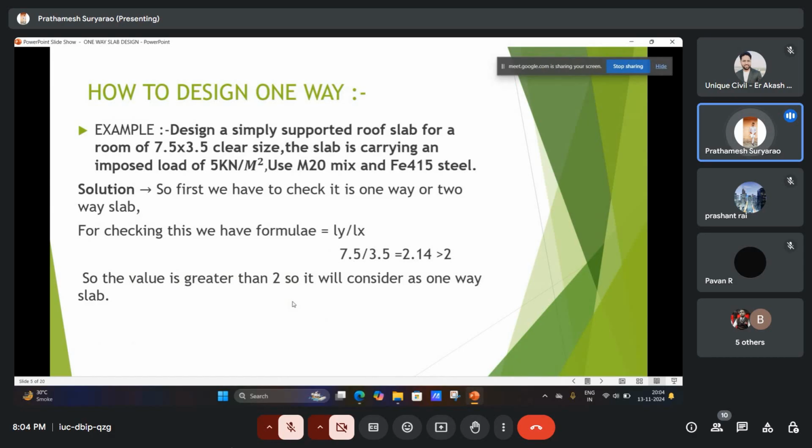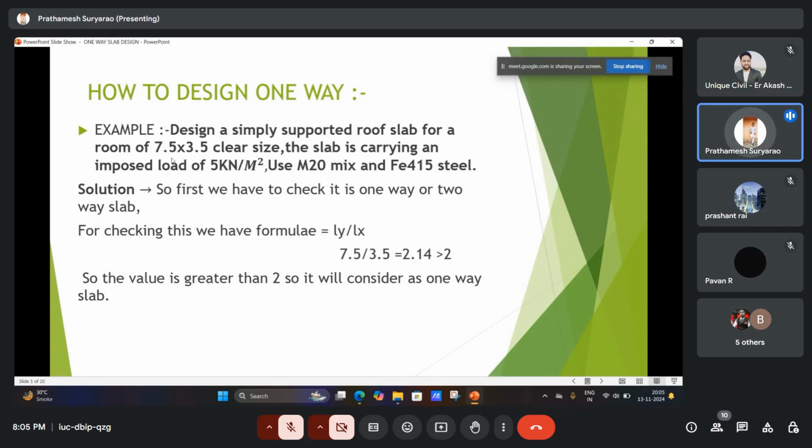So today we will learn how we will calculate one-way slab manually. So there is an example: design a simply supported roof slab for a room of 7.5 by 3.5 clear size. The slab carries an imposed load of 5 kilonewton per meter square. Use M20 mix and Fe 415 steel.